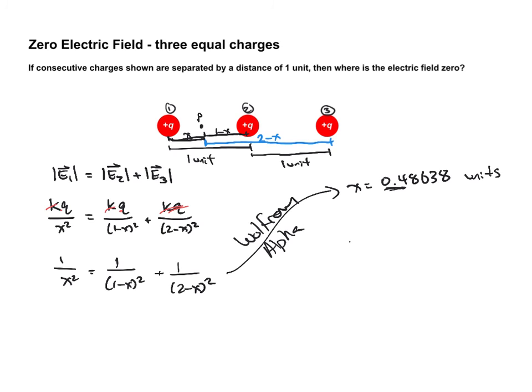Now by symmetry, there should be a mirror solution on the other side. Should be a mirror point right over here. I'll call that Q, which is the same units away, but I'll say left of charge 3.